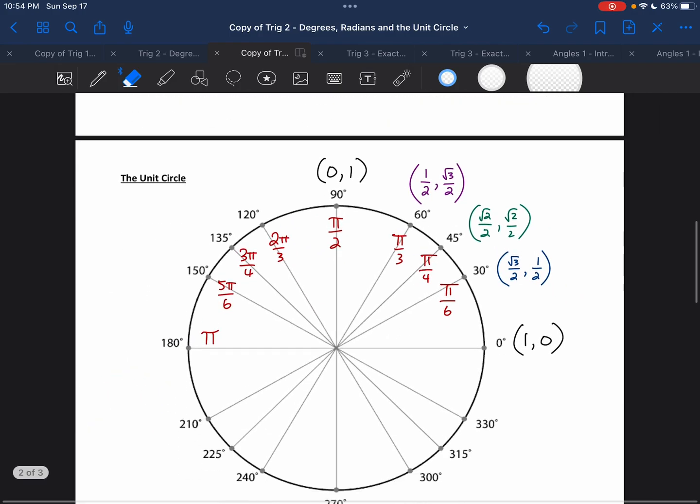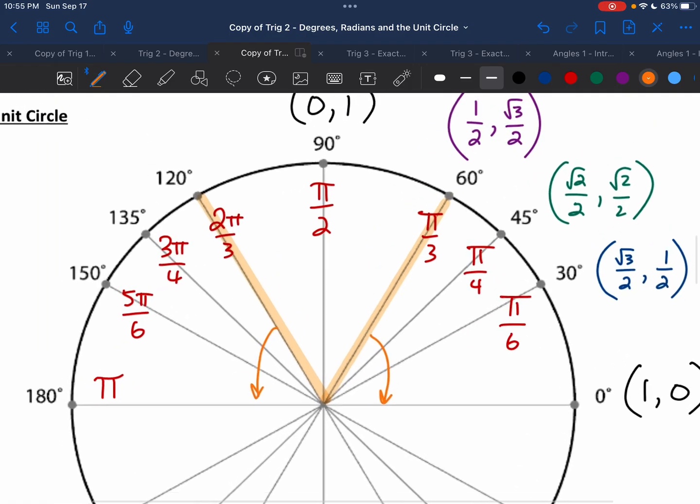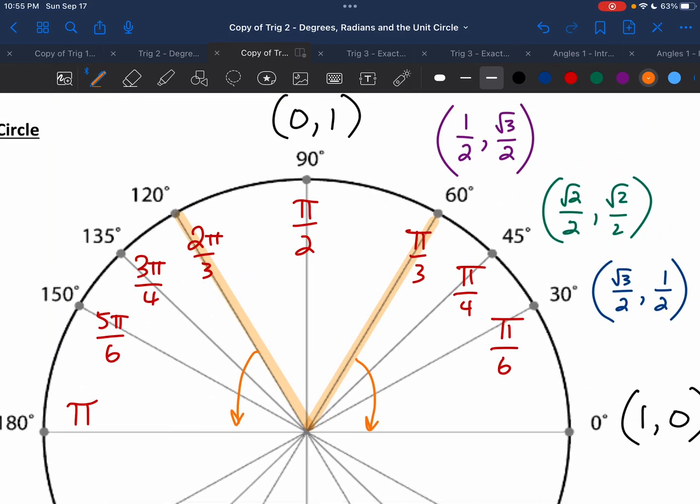There's still an entire 3 corners of this unit circle, but here's where radians actually come in nicely. We talked about how pi over 3, I double it, I get 2 pi over 3, and I'm over here at 120 degrees. And I have 2 angles that have the same distance away from the x-axis. You may remember this last year as what we called the reference angles.